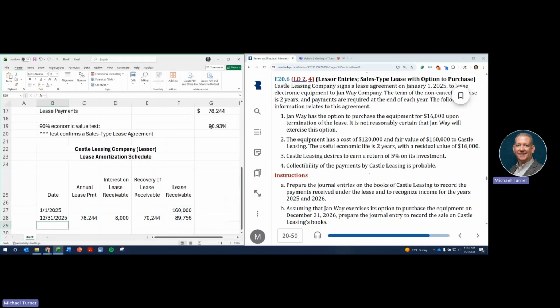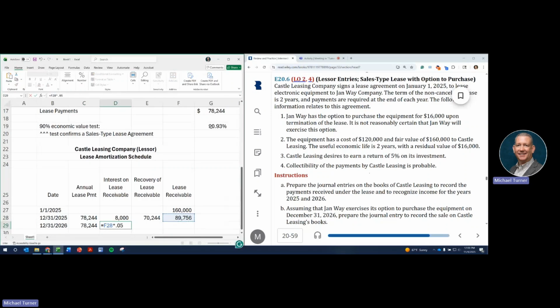And then year 2026 comes along, and Janway makes another payment, $78,244. The amount that is allocated to the interest, again, is the carrying amount since January 1, 2026, all the way through December 31, 2026. The outstanding balance of the lease is $89,756.